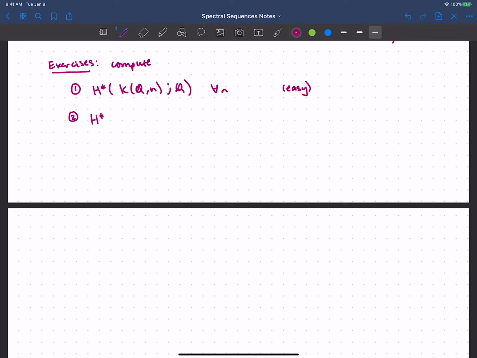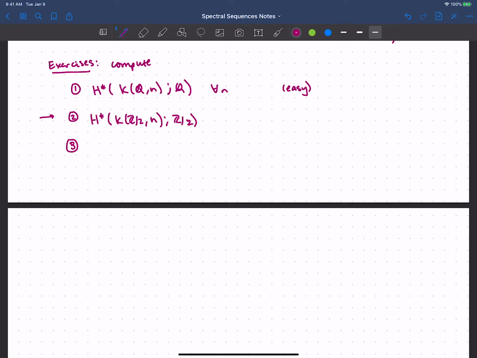A little bit more interesting, much more interesting, is the cohomology of K(Z mod 2, n) in Z mod 2 coefficients. This starts out a little bit harder, certainly, but it is solvable, and this is maybe one of our most important examples for where we're going from here.